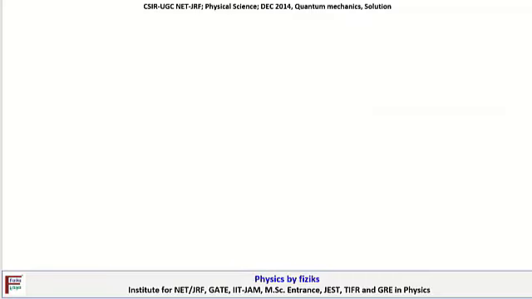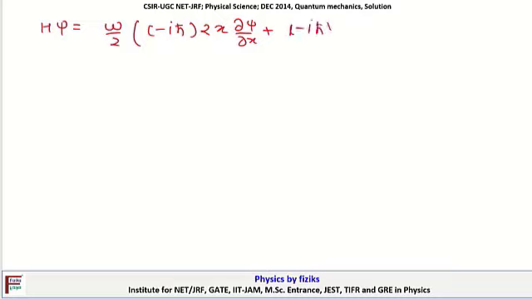So H psi further becomes omega by 2 times minus i h cross, 2x del psi by del x plus psi.